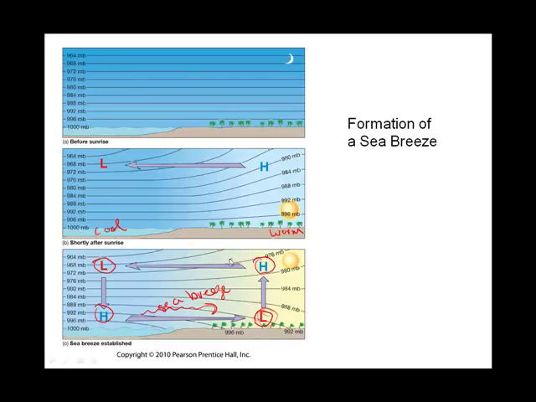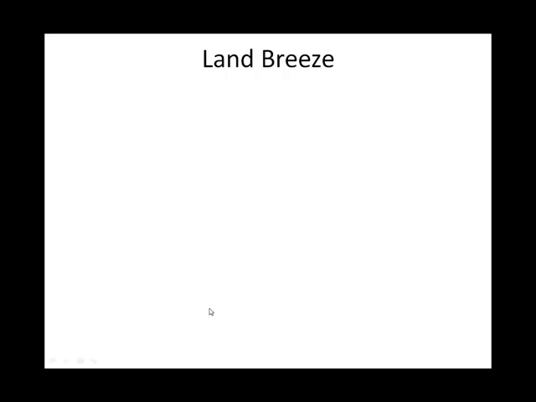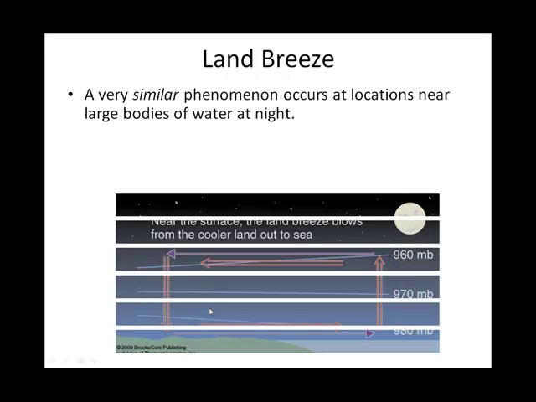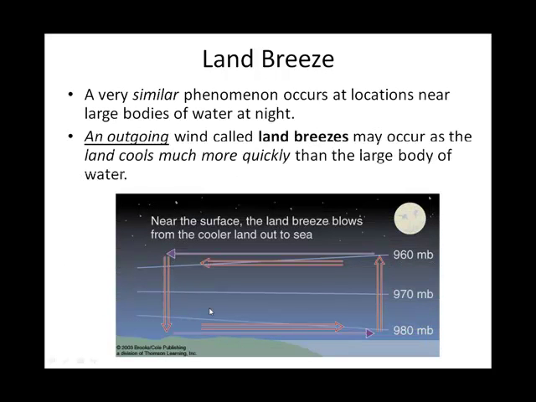So if we look aloft, when our sea breezes are peaking about 3 p.m., there is an outgoing breeze aloft and an incoming breeze down here. At nighttime, we can get a similar phenomenon, and it will give us a land breeze. Remember, the word before the breeze, land, means it's coming from the land. So this diagram is flipped around.